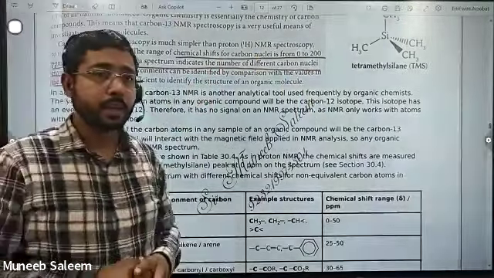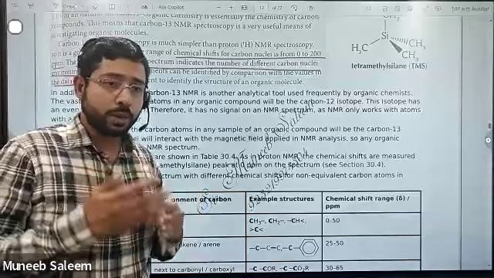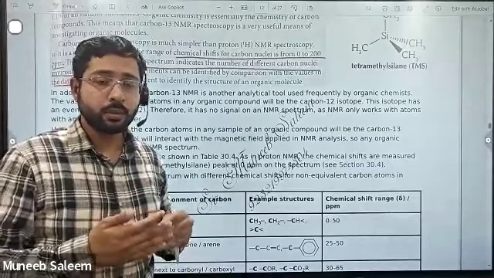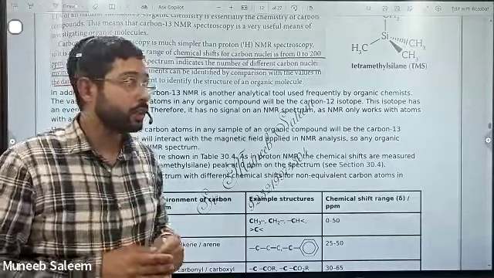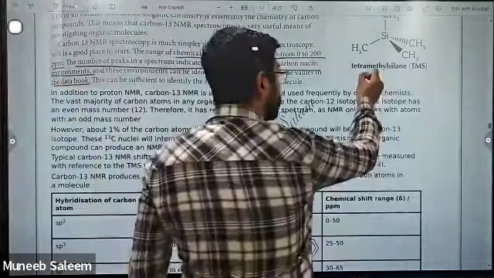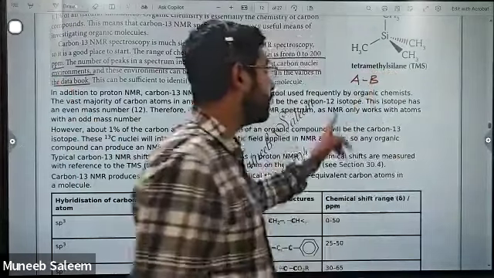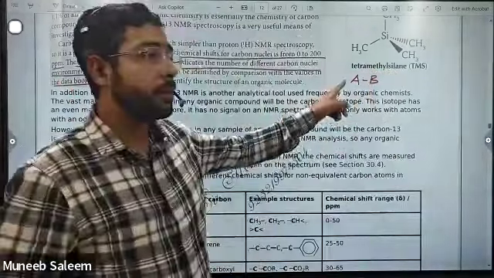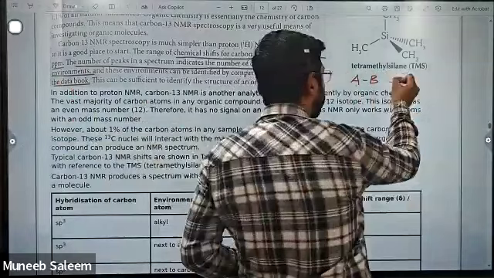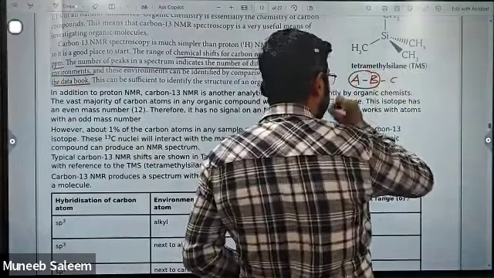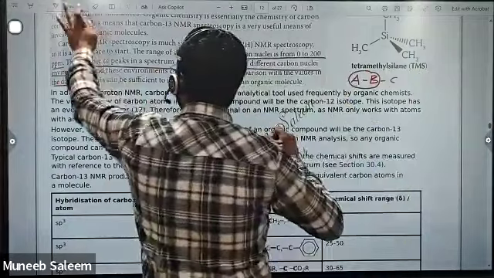We said previously that when one element is bonded with another element, they create some sort of chemical environment for each other. Suppose an element A is connected with an element B; then A is a source of chemical environment for B, and B is a chemical environment for A. If I connect another element C, then for C, both A and B make a different chemical environment.